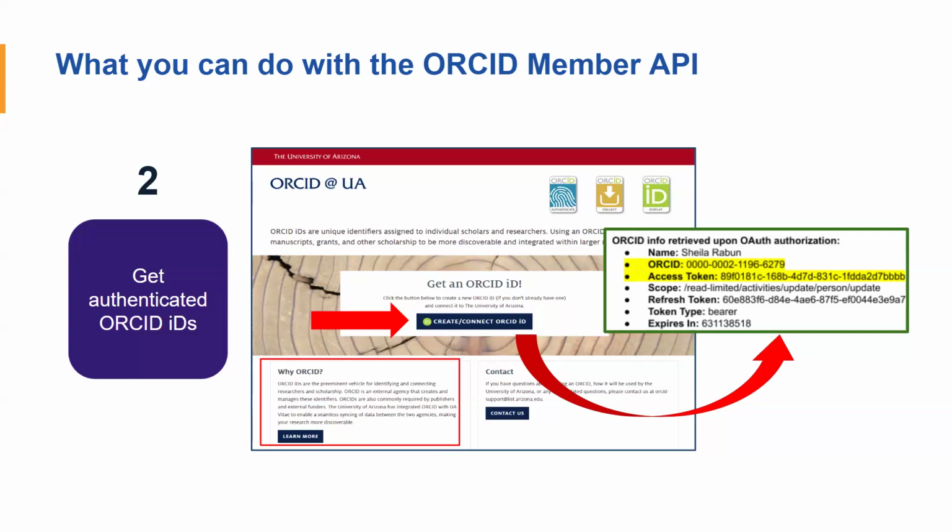You could have somebody leaving out a number, for example, or copying and pasting the incorrect ORCID ID. So now you have a mismatch of researchers from their ORCID IDs. This is why authentication is very important when getting authenticated ORCID IDs within ORCID.